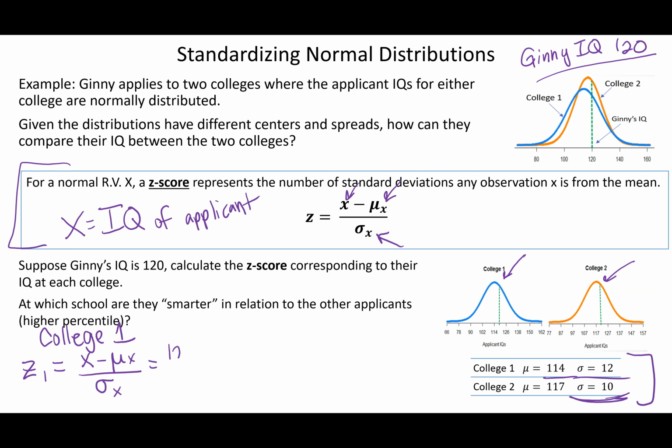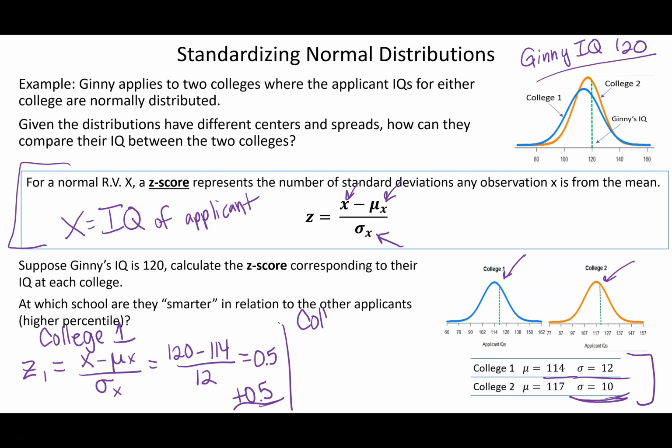So that's 120 minus 114, the average at college 1, divided by 12, the standard deviation at college 1. So 6 over 12 is 0.5. My z-score here is positive 0.5. Being positive means they did above average, and being 0.5 means at college 1 they were half of one standard deviation above the mean. That's how they did.